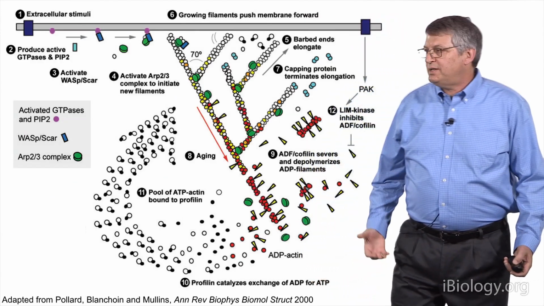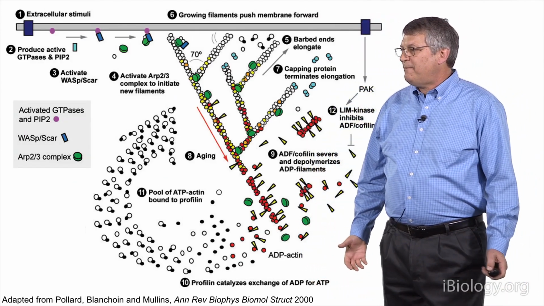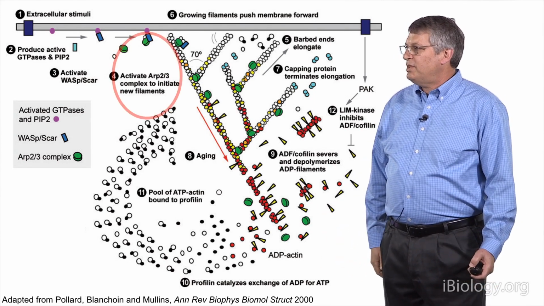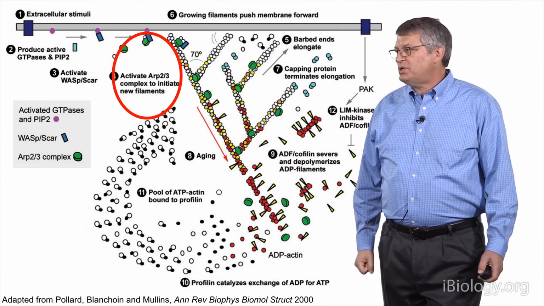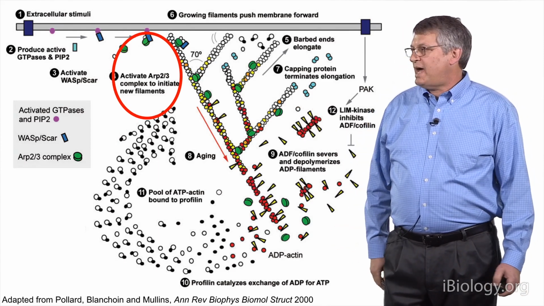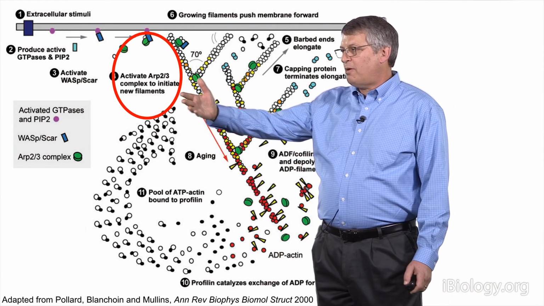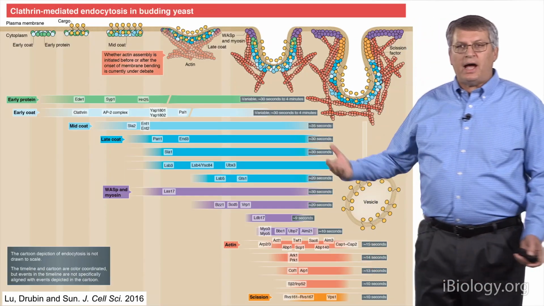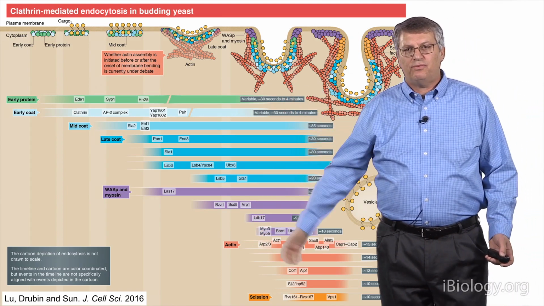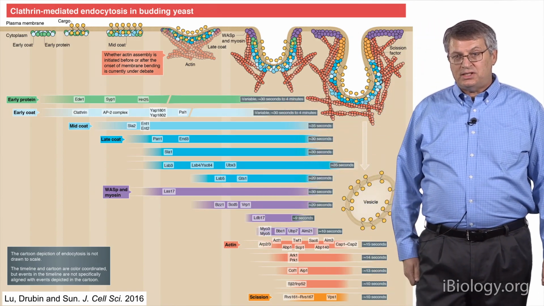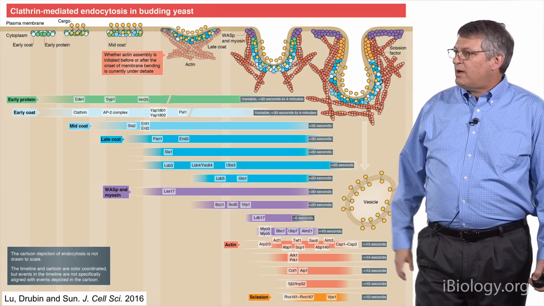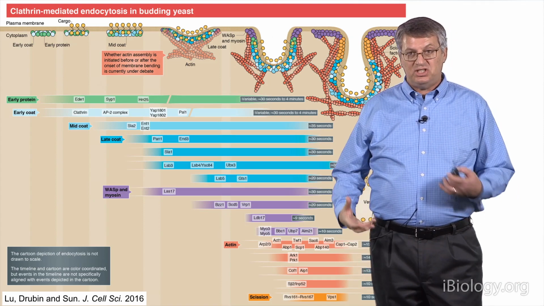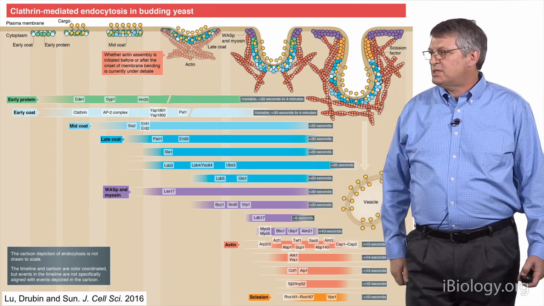Okay, so returning then to this diagram produced by Mullins and Pollard, the last step that our lab has focused on is the nucleation of these actin networks by the ARP2/3 complex. And so when we look at our diagram that summarizes years of work into working out this endocytic pathway in budding yeast, we identified a number of different modules that perform different functions at different times and positions in these endocytic events.